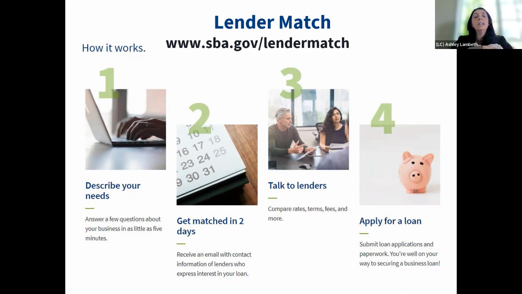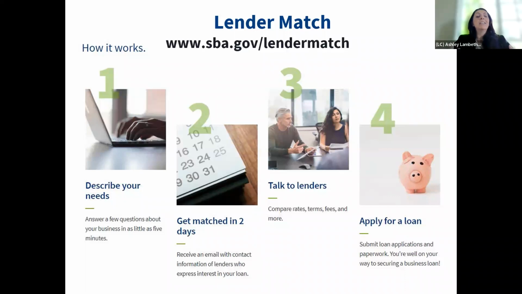So even though the SBA has laid out certain requirements, each lender has some wiggle room of what they're able to fund, what their interest rates are going to be, what their guarantee fees, those upfront fees we were talking about, are going to be. And so shop around to see which one might be best for you. This is also going to be a long-term relationship.